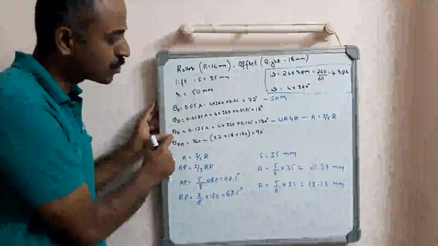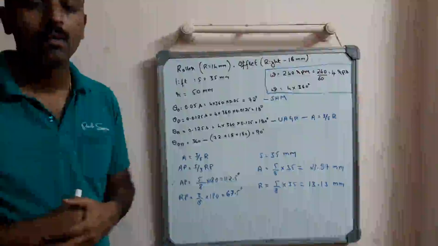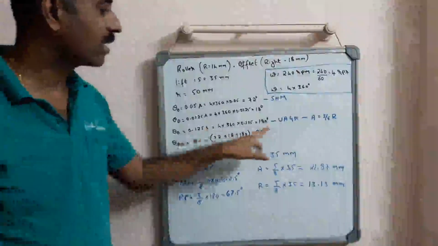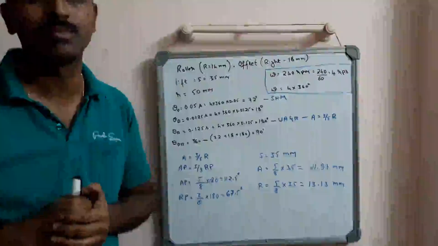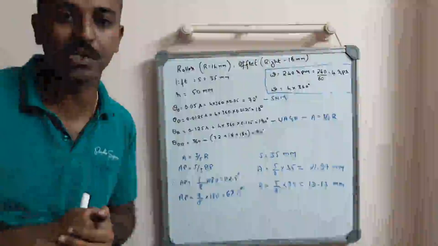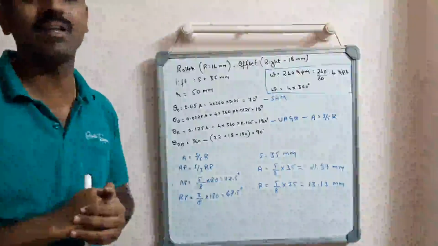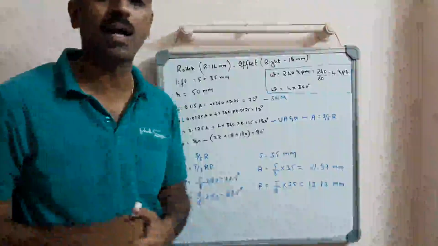Then during return stroke, it is having uniform acceleration and retardation. But during return stroke, the acceleration and retardation are not equal. He has not said equal uniform acceleration and retardation. He has given a condition, that is, acceleration is 3 by 5 times retardation.